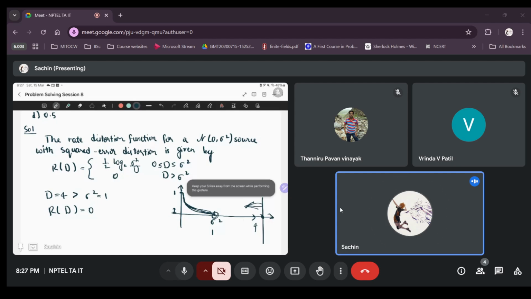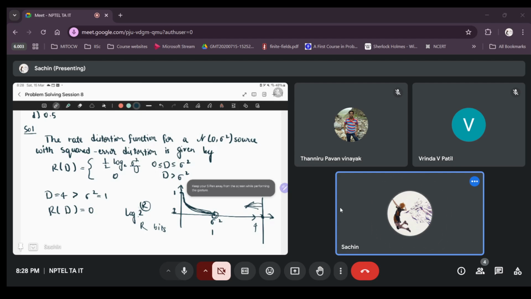That's just because its rate is k over n, or it's a log of the number of messages, the number of code words that you have. If you have 2 power r code words, then you can represent it with r bits, where r is the rate.